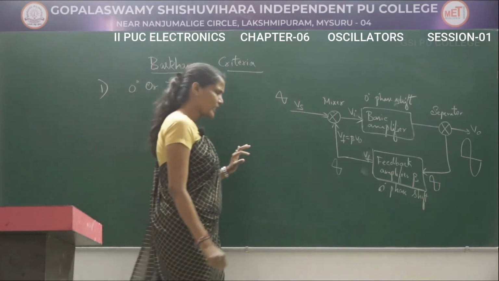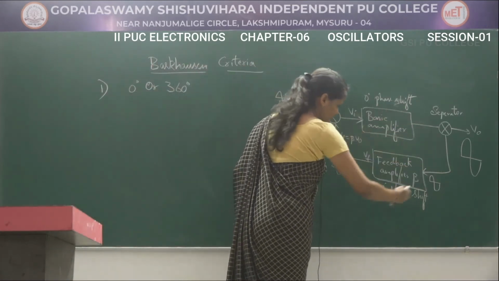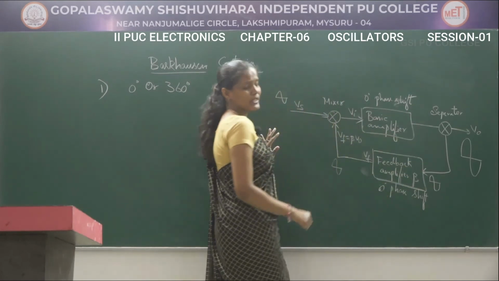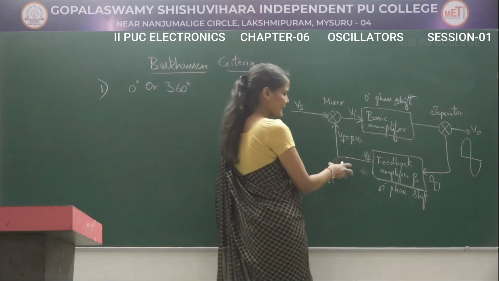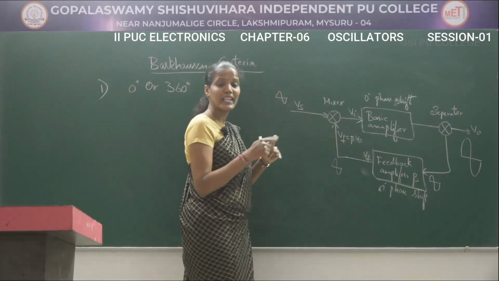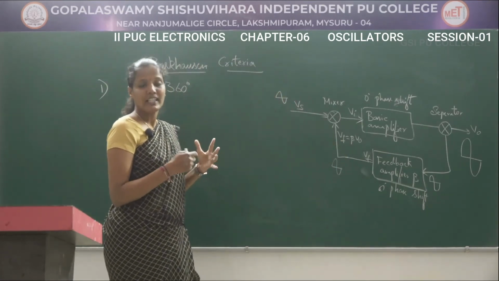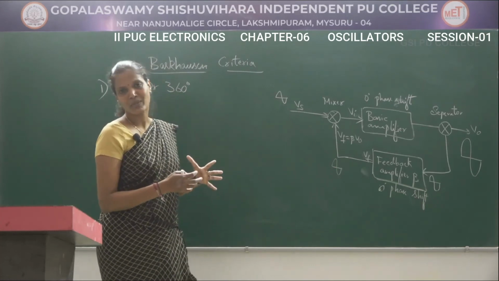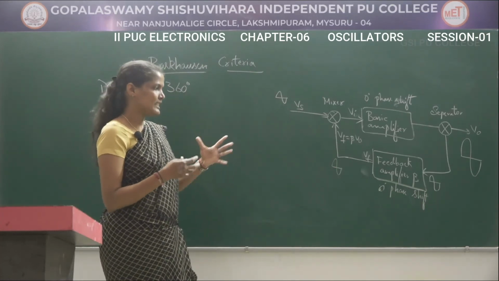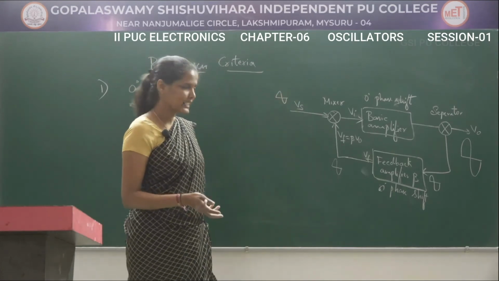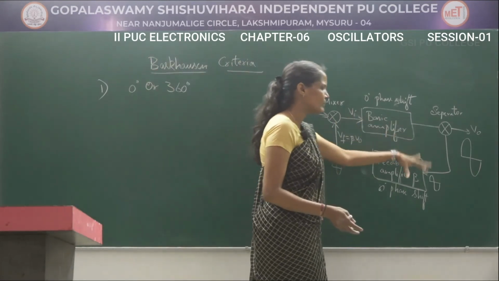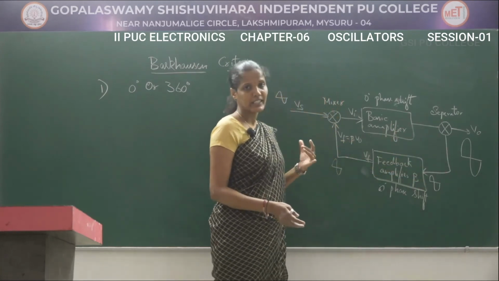So the total phase shift of this entire feedback oscillator circuit must be equal to 0 degree or 360 degree, which means the feedback signal and the input signal must be in phase with each other. If they are not in phase with each other, then the signals get cancelled, that is the input signal and the feedback signal get cancelled, then the output will be completely different from what we are getting right now.